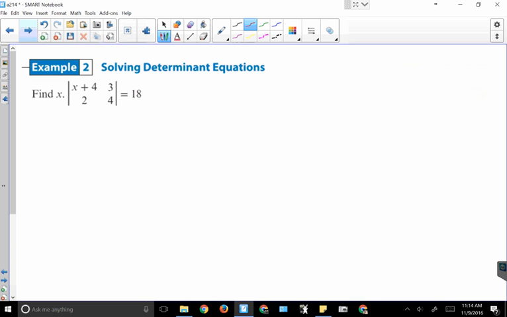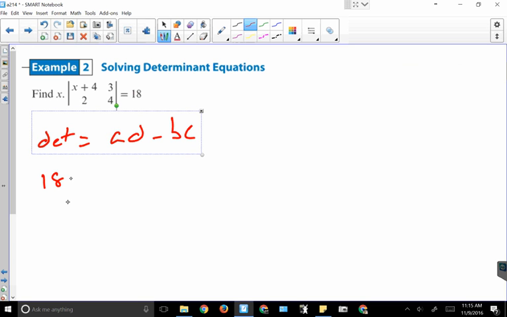Now, solving determinant equations. Well, that's no big deal. Because the determinant, we said, was equal to AD multiplied together minus BC, right? That's what it's supposed to be. So, what's the determinant? Well, the determinant here is 18.